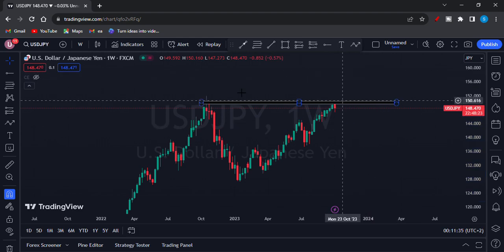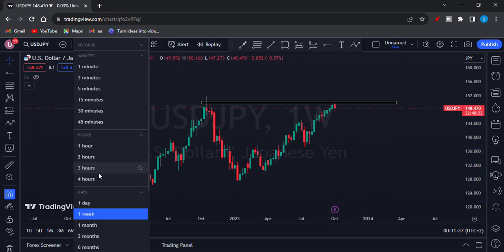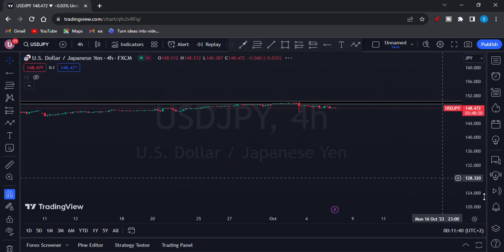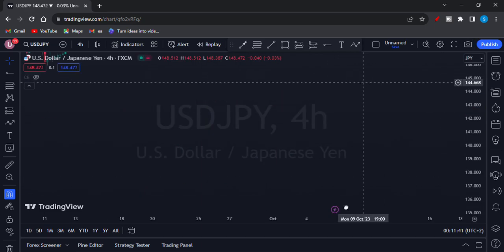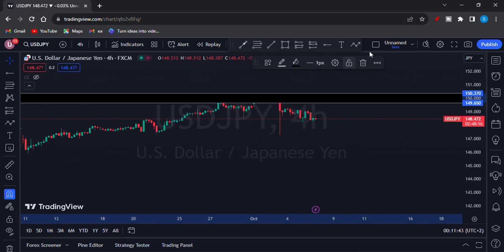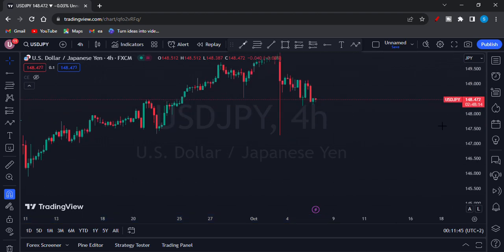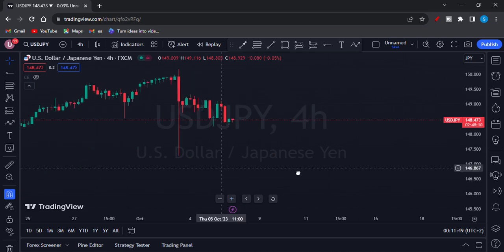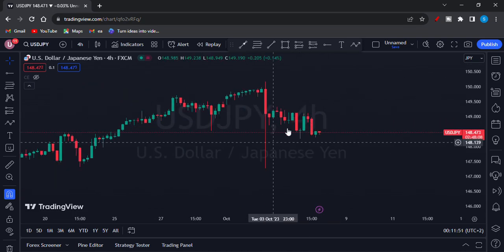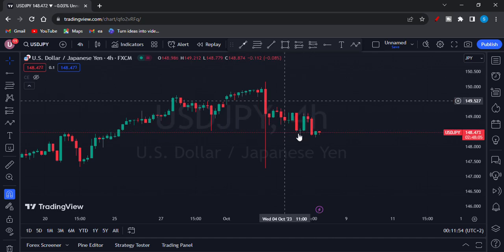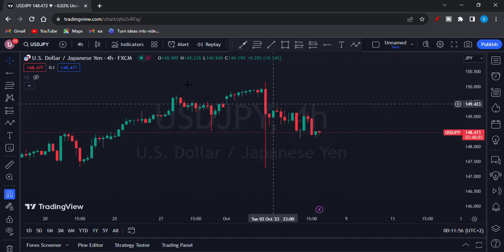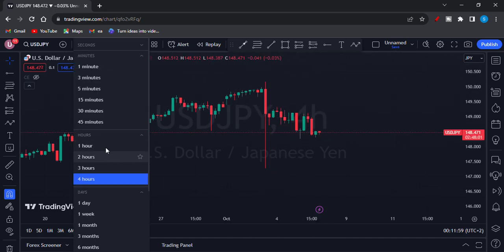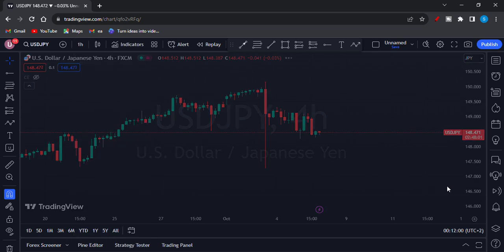Who knows? But let's go to our 4 hour. And then let me just take this out. Excuse me guys, I got a bit of flu. So right here for USDJPY, currently I don't see anything. Like the structure is not clear. And then let's go to hourly.